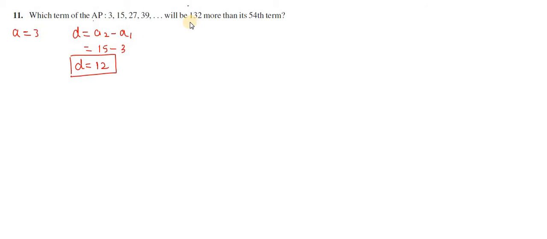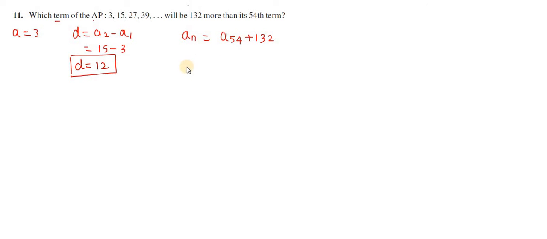Now we convert this to the mathematical form. Which term of the AP is asked? I take an. So an is equal to 132 more than the 54th term, which is a54 plus 132.